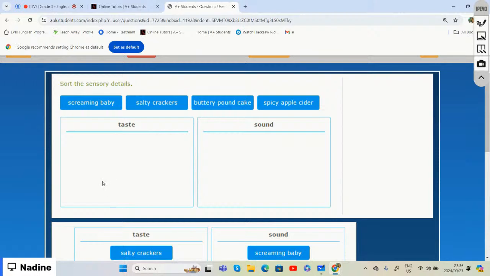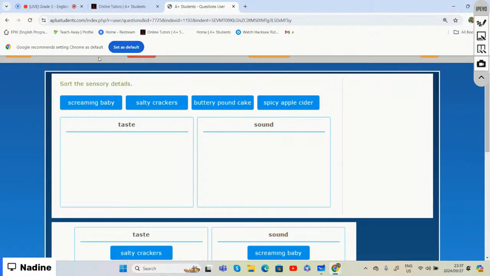It says we need to sort the sensory details: screaming baby, salty crackers, buttery pound cake, spicy apple cider.